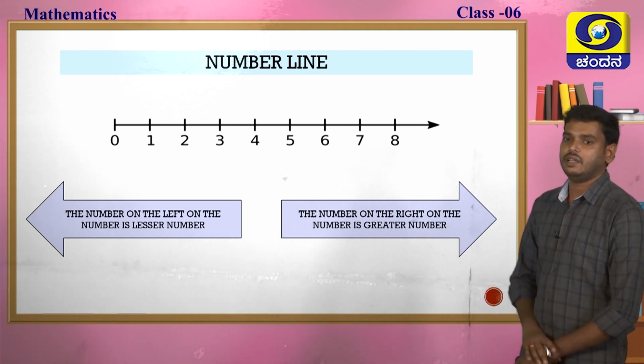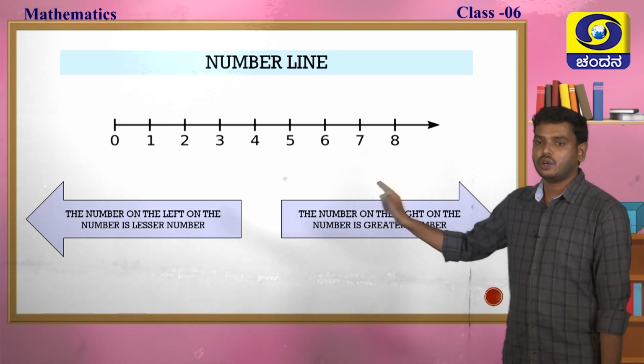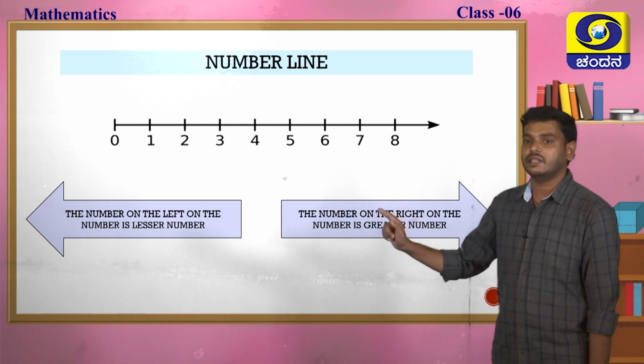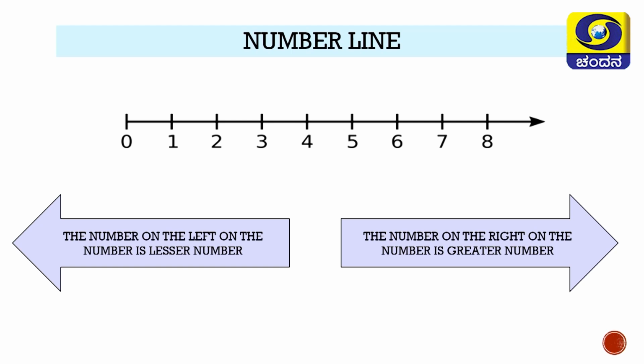You can see that the number on the right is the greater number. See how it is possible? The origin is 0, the next number is 1, the next is 2 and 3, 4 etc. Of course, if we move to the right side of the number line, the numbers will always be greater.